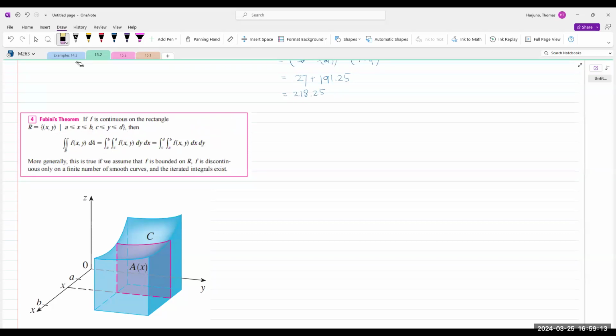You can say Fubini's theorem is kind of, not exactly, the same idea as Clairaut's theorem, but Clairaut's theorem was for higher derivatives, the second mixed derivative.